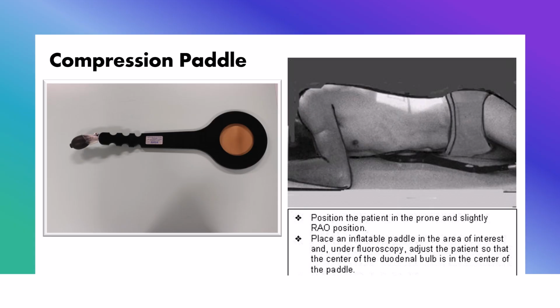A compression paddle, we have one of these in the lab to demonstrate. This is radiolucent. X-rays will go through this. This is just a plastic, like a balloon here. You blow it up with this little inflator here. This is used in fluoroscopy mostly.